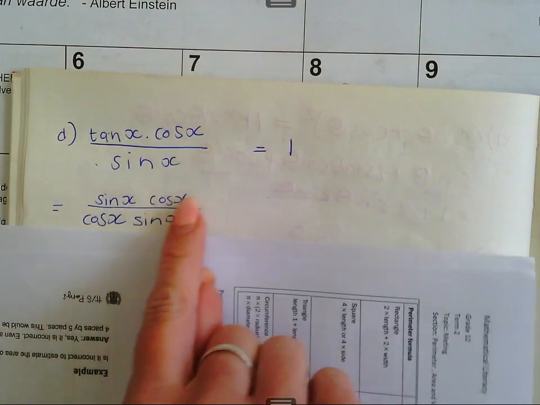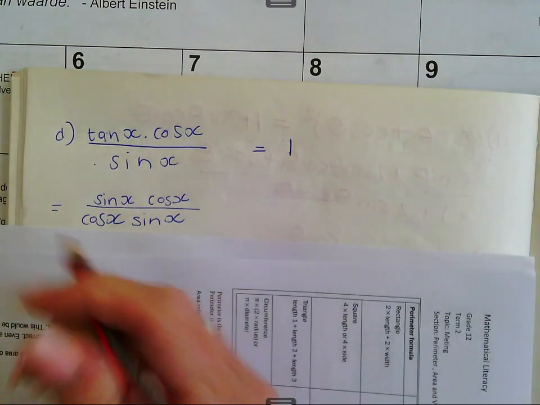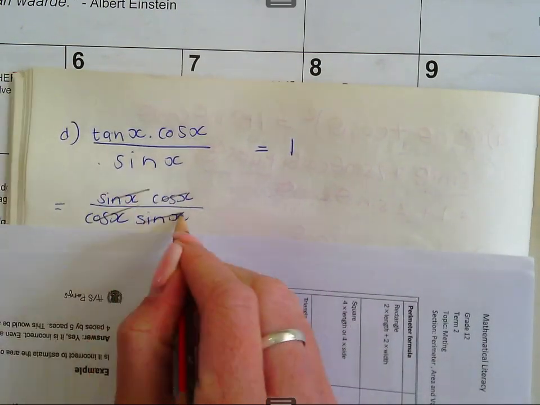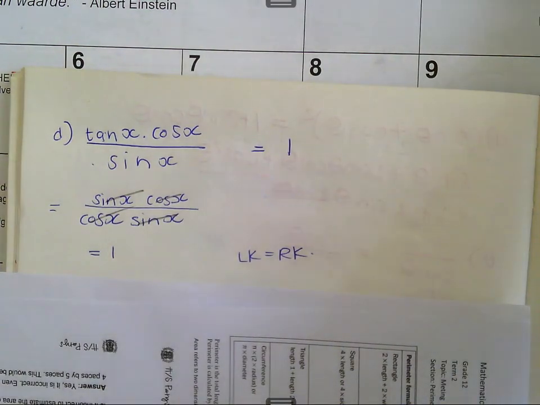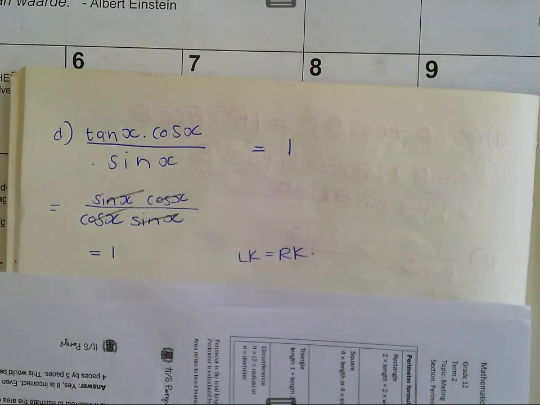And now it's very easy for us to see the cos and the cos cancel out and the sin cancel out to get an answer of 1. And then your left side is equal to your right side. Do you understand, grade 11s?